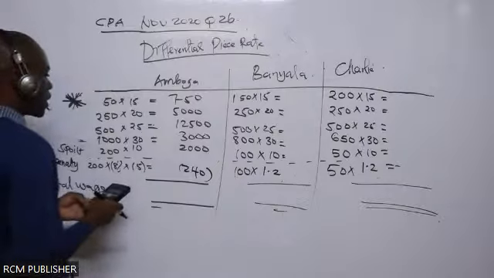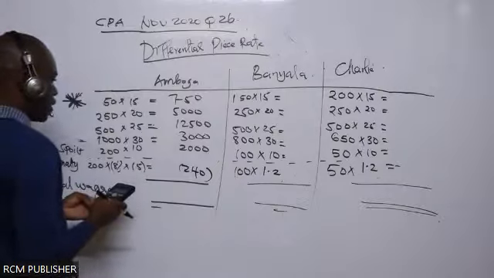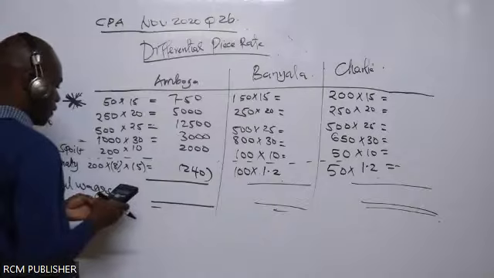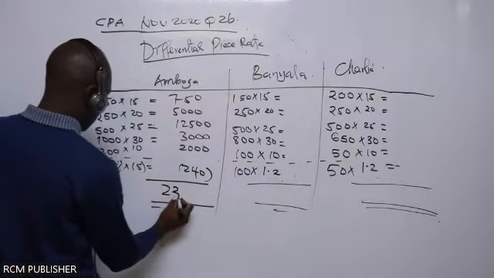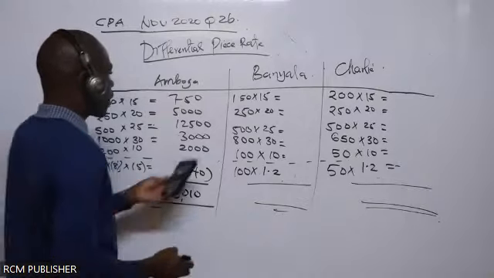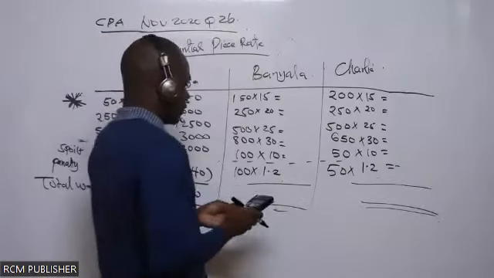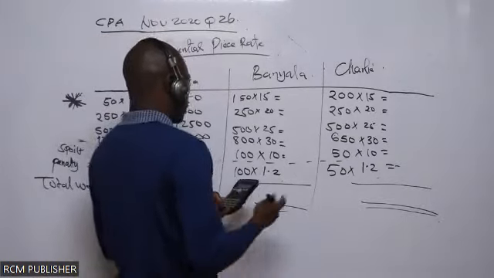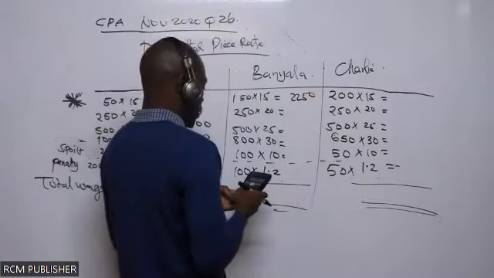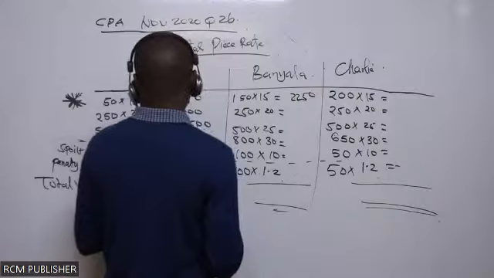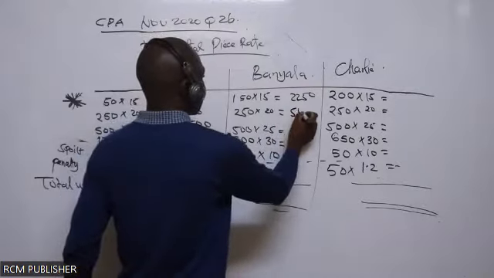If I subtract 240 from 2000, then we have 3000, we have 12,500, we have 5000, we have 750. I'm going to have 23,010. Here, 150 times 15, 2250. Then 250 by 20. Of course, this one will be 5,000 for all of them.